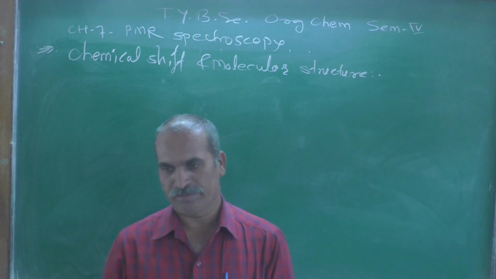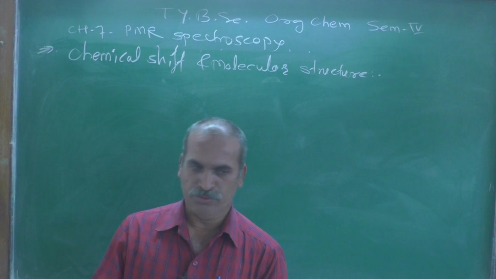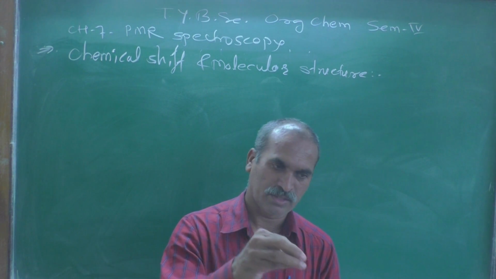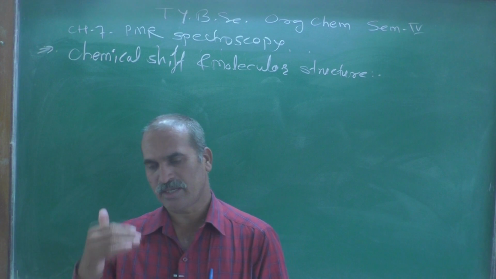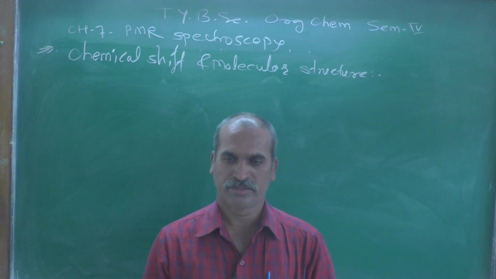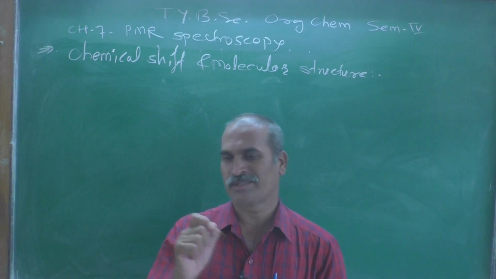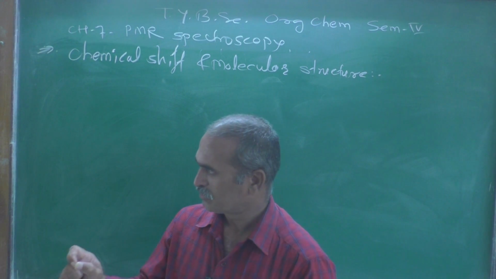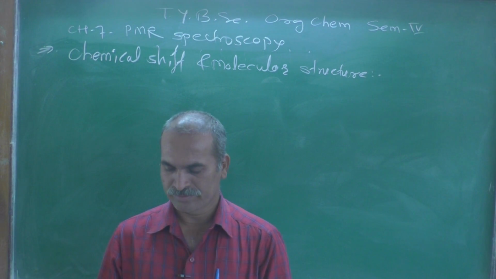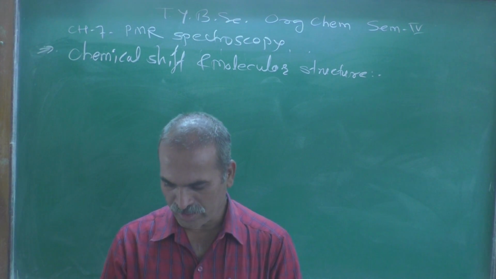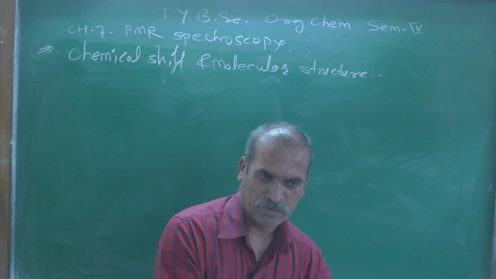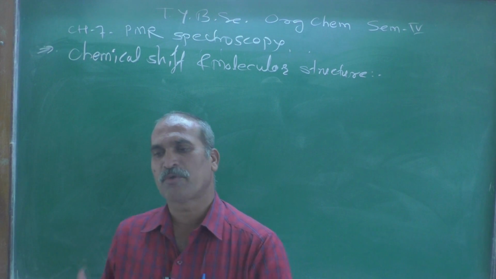Instead of fluorine, if you replace it with chlorine, the second element of the halogen family, the chemical shift value observed comes around 3.1. First fluorine 4.3, now 3.1.